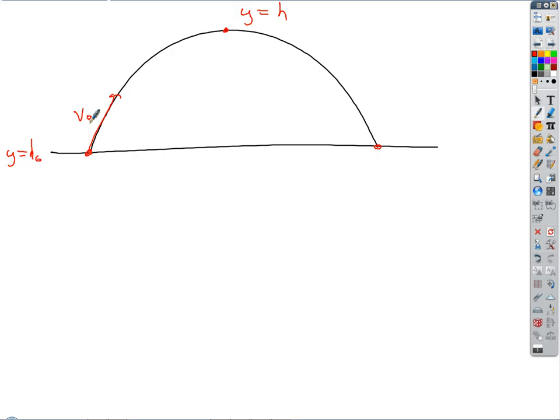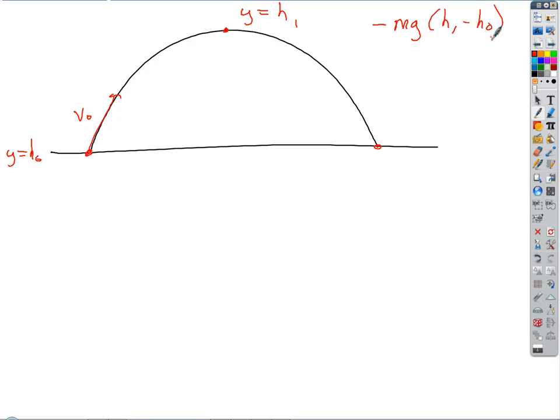Then let's call this h1. I made it different. And so, how much work is being done by gravity when the thing gets up to the top of its trajectory? Well, the difference between those heights is just h1 minus h naught, right? Everybody agree? And so the work done by gravity is just minus mg times h1 minus h naught.